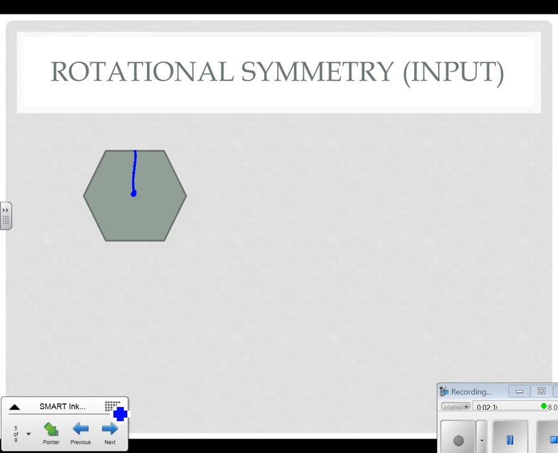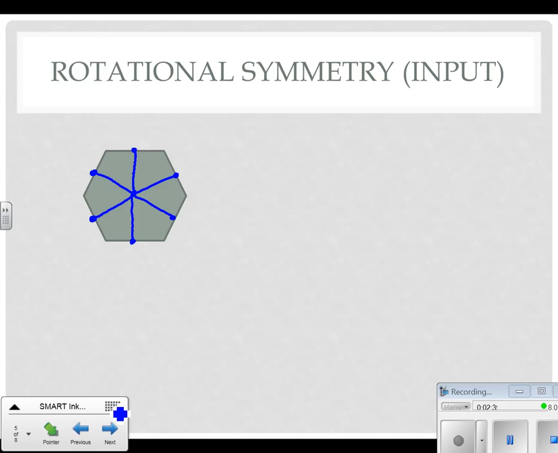Draw lines going to similar locations on the figure. So we're going to find other points that are like this. So we've got another one here, another one here, here, another line would go here, and then we've got another line here. So you can see we have a total of 6 lines going out to the same location on this image.